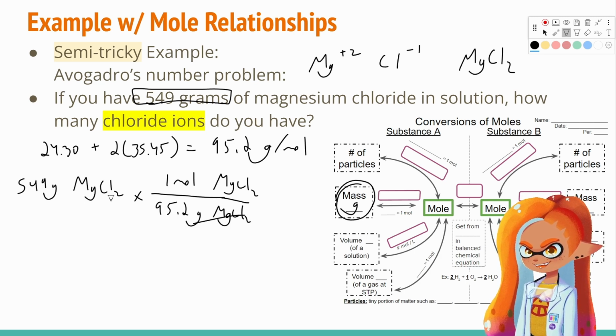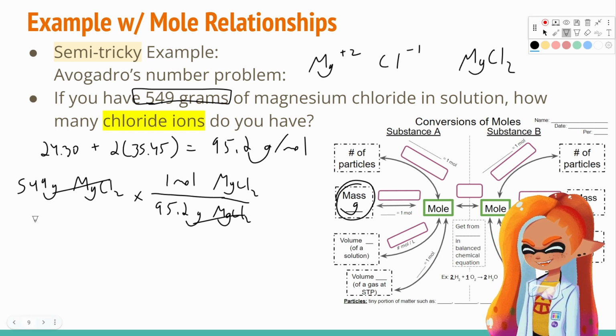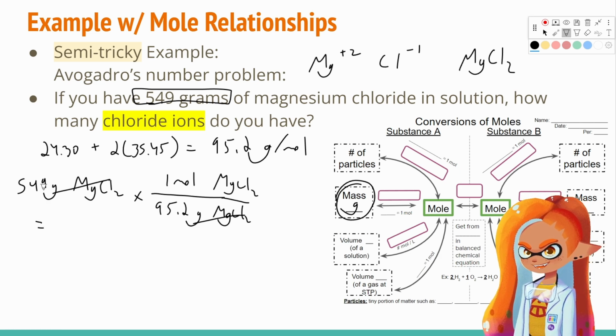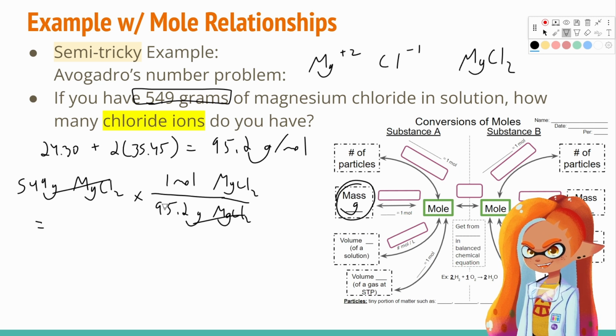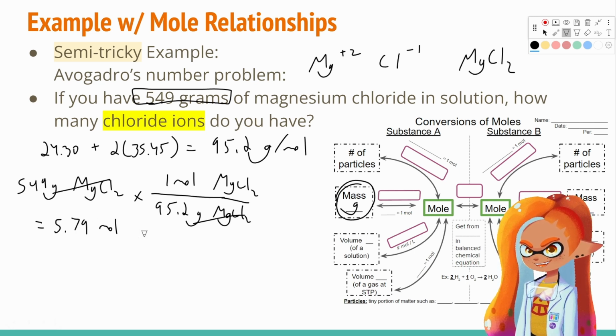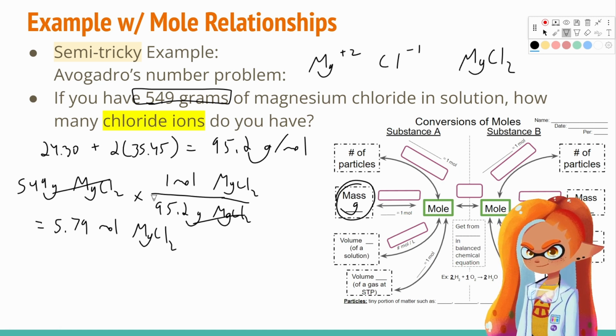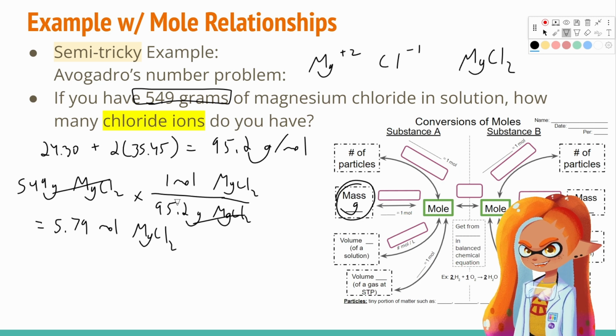My grams of that substance cancel out, and so I'm going to do that math right here. 549 times 1 divided by 95.2, that is going to be 5.79 moles of MgCl2. You can see here that my sig figs is 3 because I have 3 here, and this is a definition, so it does not count, and so I have 3 at the end because of the multiplying rule.